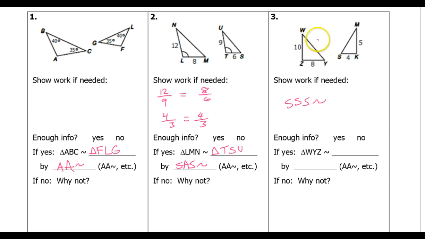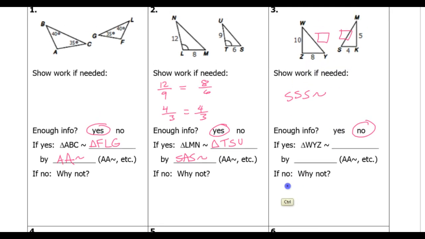But for that, we need 3 pairs of proportional sides, and we only have 2 pairs of sides at all. So this is going to be a no, which makes me realize I should have circled yes on the other 2. So this is going to be a no because we only have 2 pairs of proportional sides. We don't have 3.